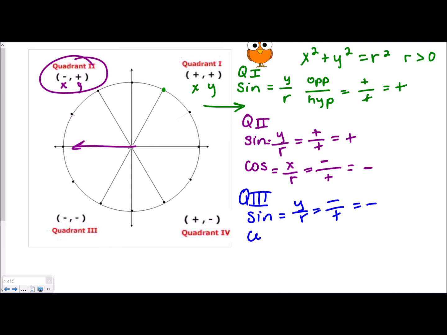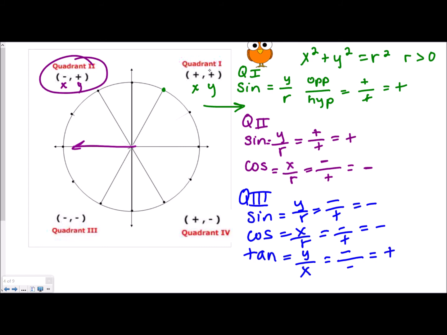Same with cosine, x over r, or adjacent over hypotenuse, negative over positive, negative. But if I take the tangent of this guy, that is the opposite over the adjacent, so y over x, that is going to be a negative number divided by a negative number, and now it's going to be positive.